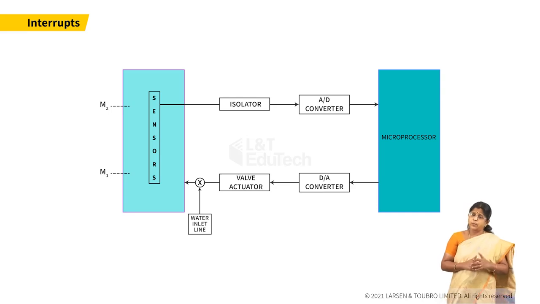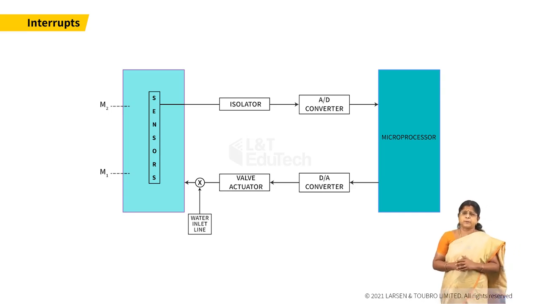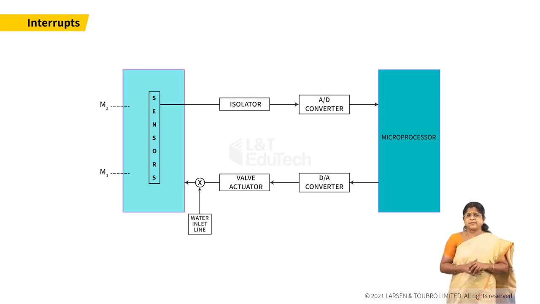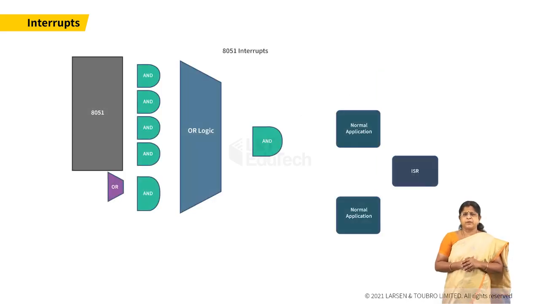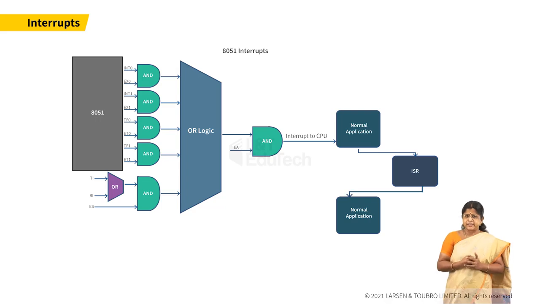This may use a polling process or interrupts. Polling has the drawback of processor time being wasted. For this purpose, normally polling is avoided and interrupts are used. By sensing the request as an interrupt, the microcontroller switches its control from the main program to the interrupt service routine, called ISR.